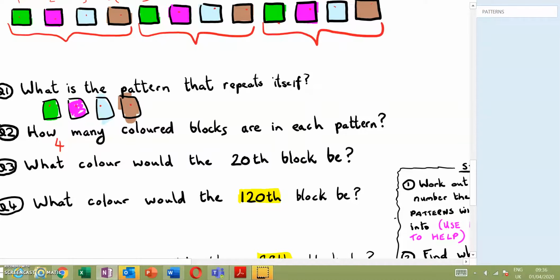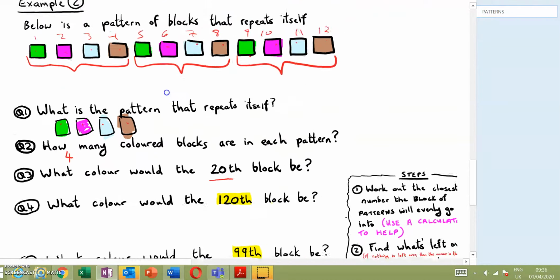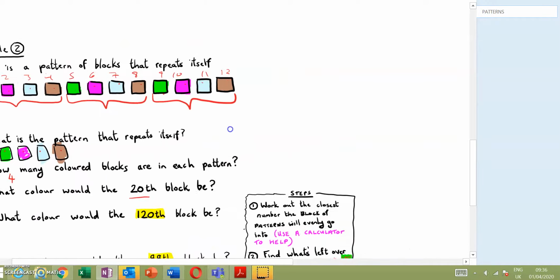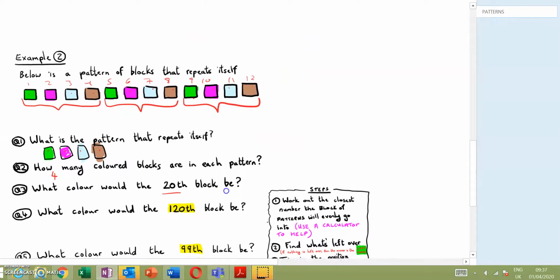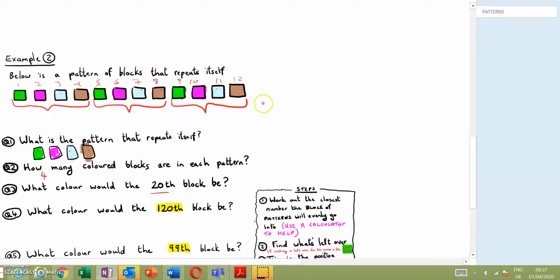Now, when it's a small number like that, I could probably just work it out by looking at it. I don't need to draw any table or to do any maths. The 13th, 14th, 15th, 16th is going to be a brown box. 17th, 18th, 19th, 20th is going to be a brown box. So it's going to be brown. Okay?